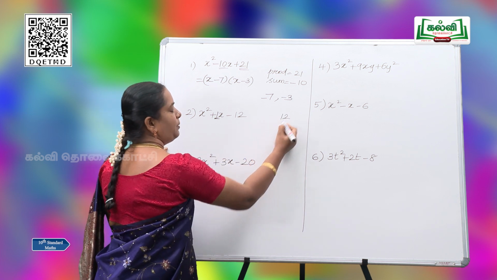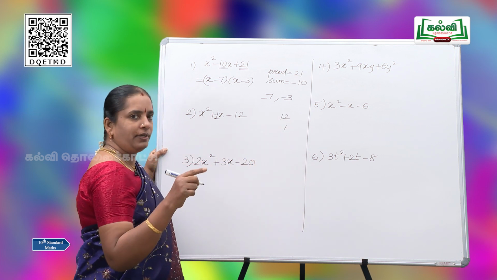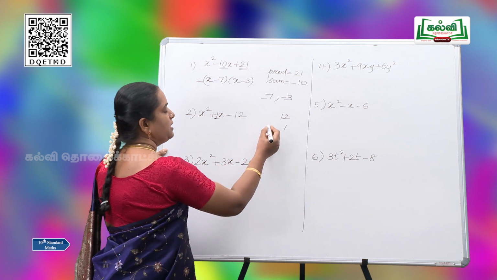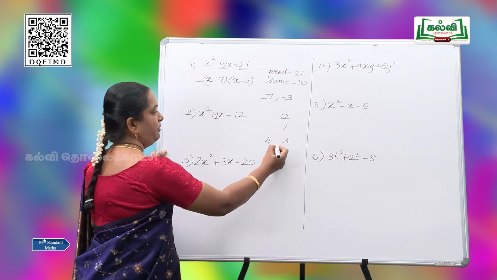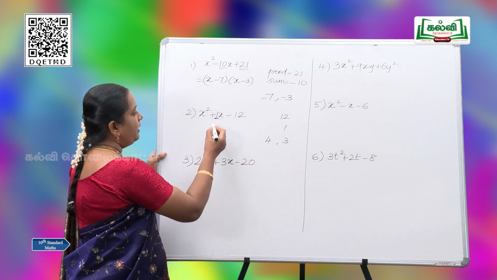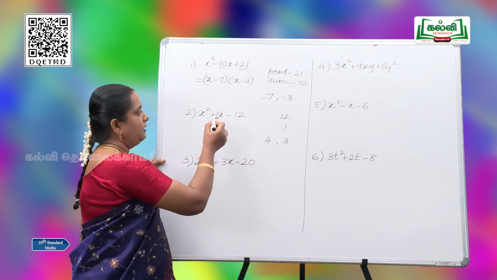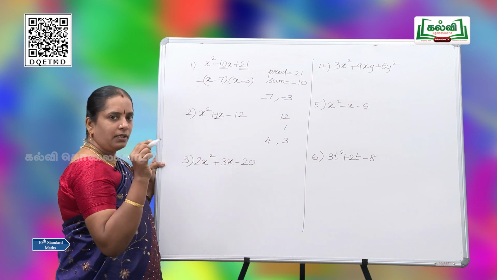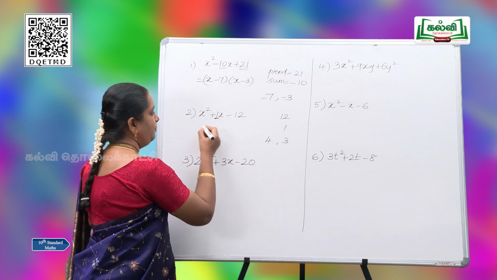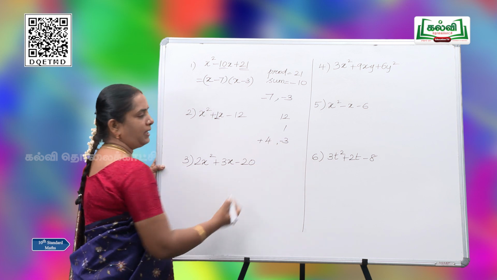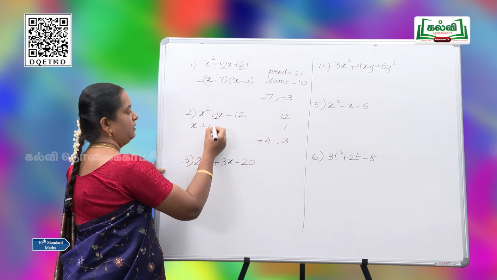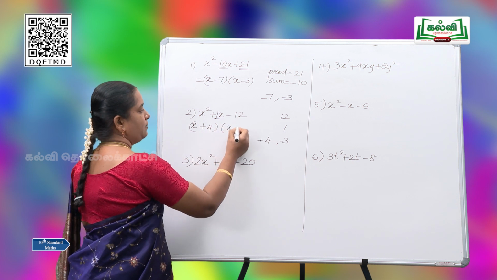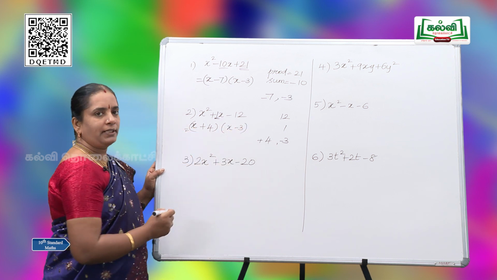So, 12 is the product and 1 is the difference, think of difference. So, they are 3 and 4. Okay. 4 and 3 are the numbers. We have to give the larger number the sign of the coefficient of x. So, this is plus and this is minus. So, on inspection you could have told this x plus 4 into x minus 3 are the factors of this trinomial.